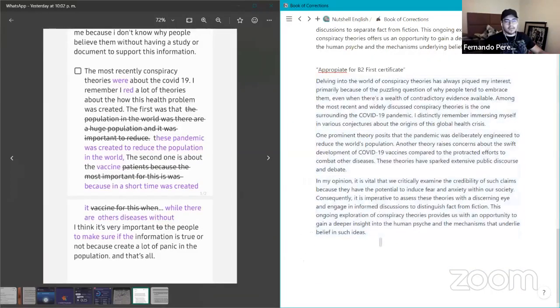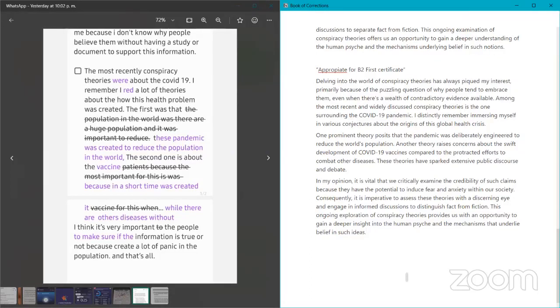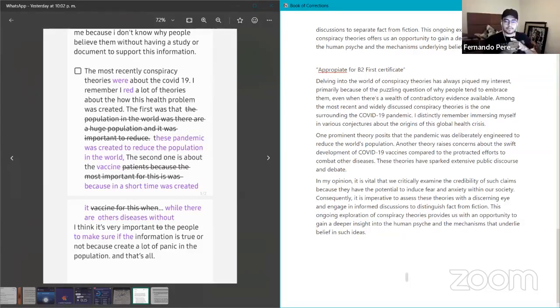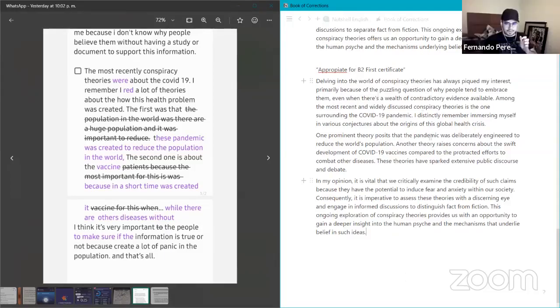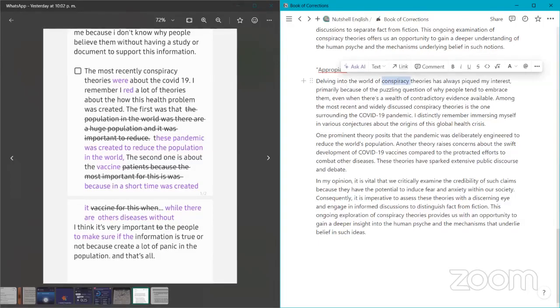Help me with the reading. Delving into the world of conspiracy theory. Precision. What is this? Conspiracy.